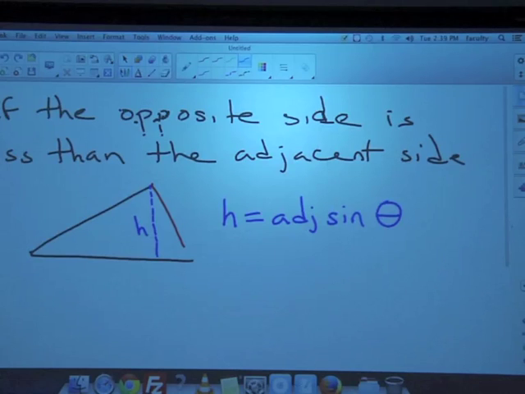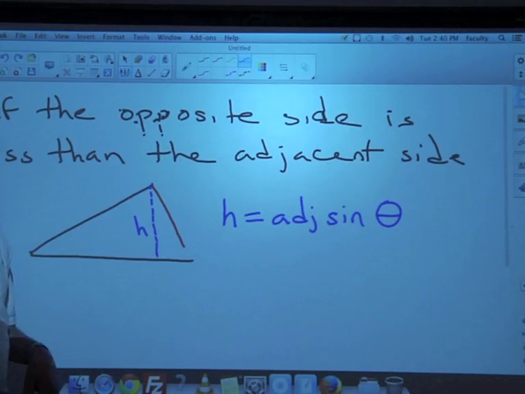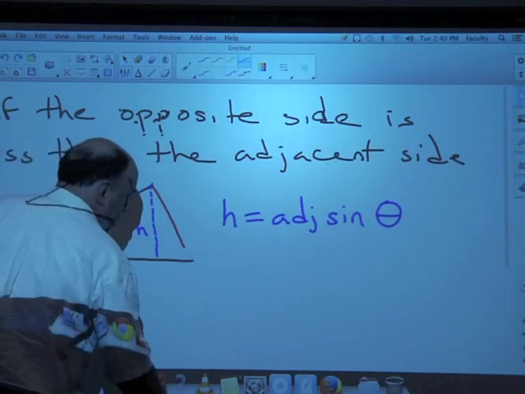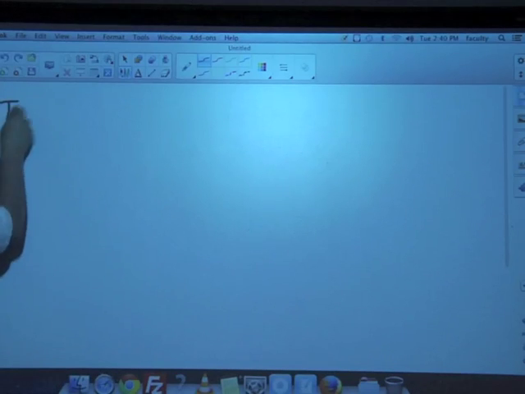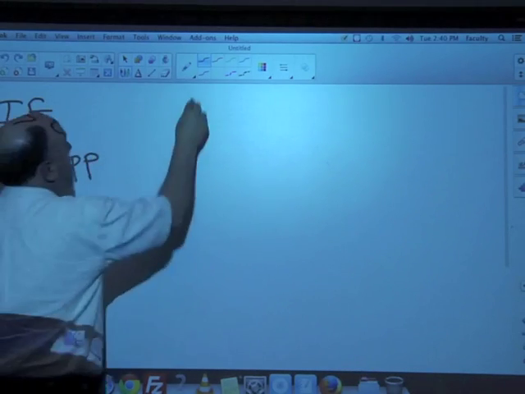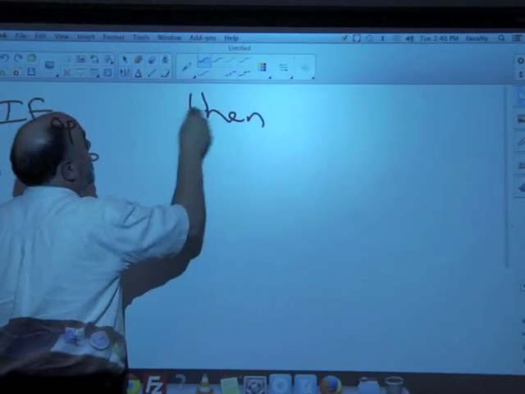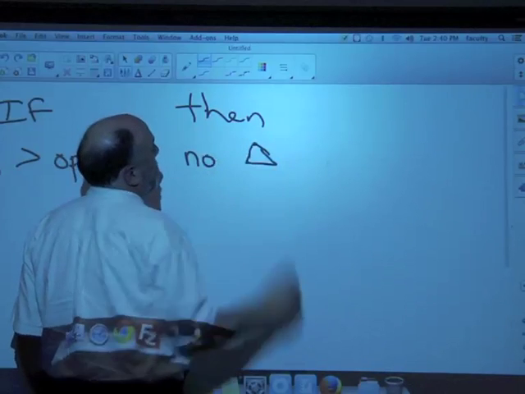So the three things that can happen are going to be dependent upon what is the relationship of the opposite side to the height of my triangle. Okay? So the three possibilities are, if the height is greater than the opposite side, then no triangle.